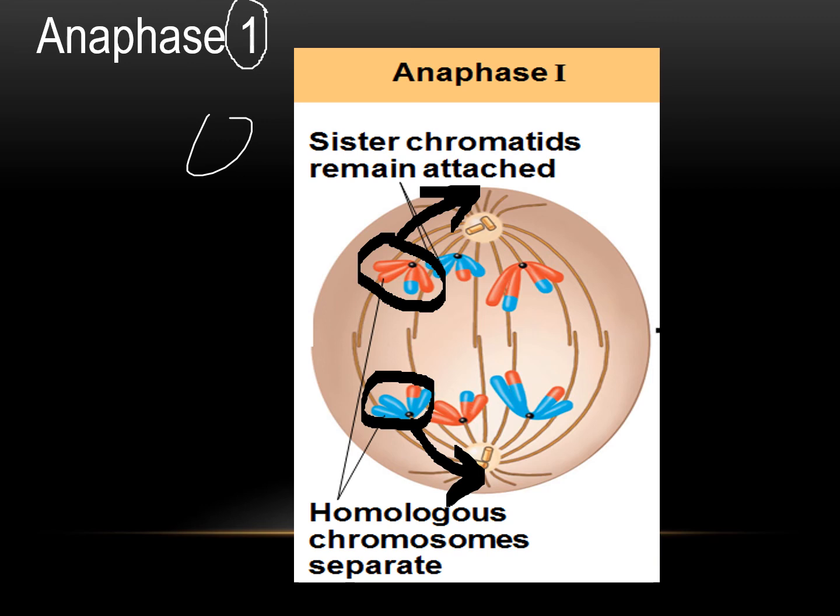And in metaphase 1, both of these duplicated chromosomes were found in the middle region, and together they were homologous chromosomes. But now, in anaphase 1, each of the duplicated chromosomes of the homologous chromosome pair are moving to the opposite poles of your cell.